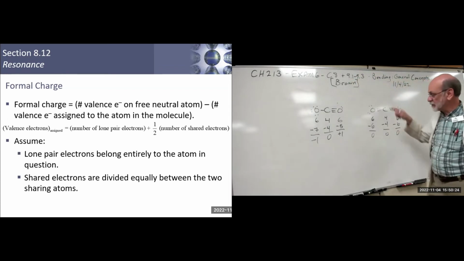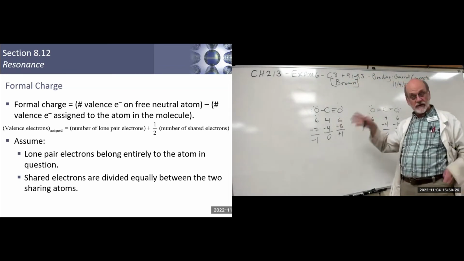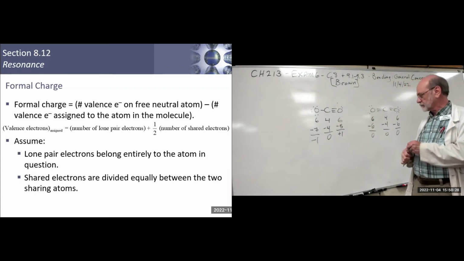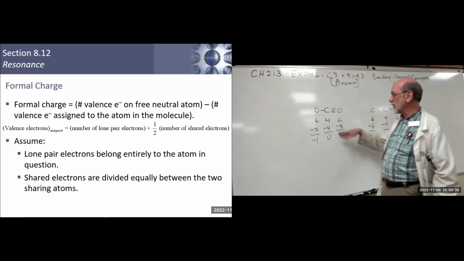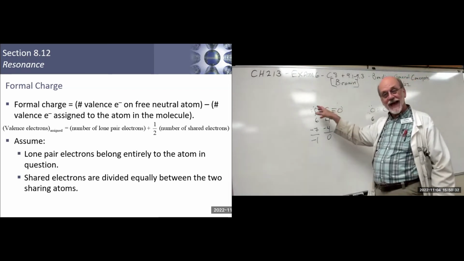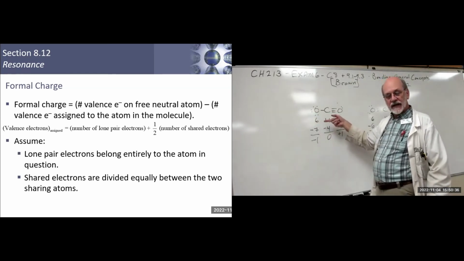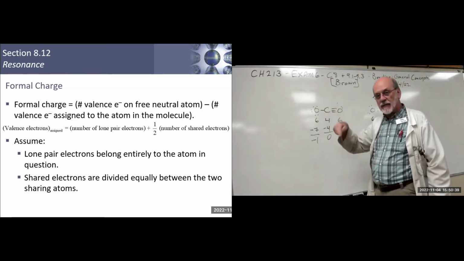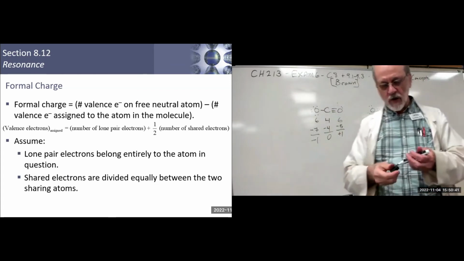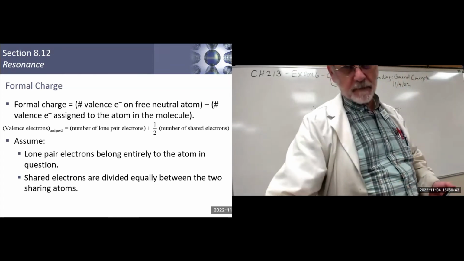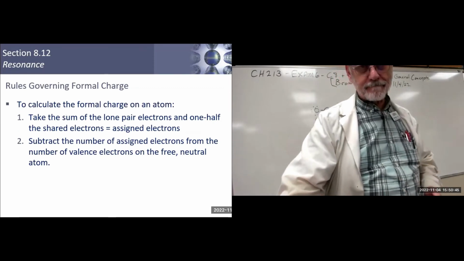That's why this one is preferred over that one, using this method. So you always start with the valence electrons for the free atom, and then you count up and subtract the electrons that are assigned to that atom in the molecule. That's the formal charge.